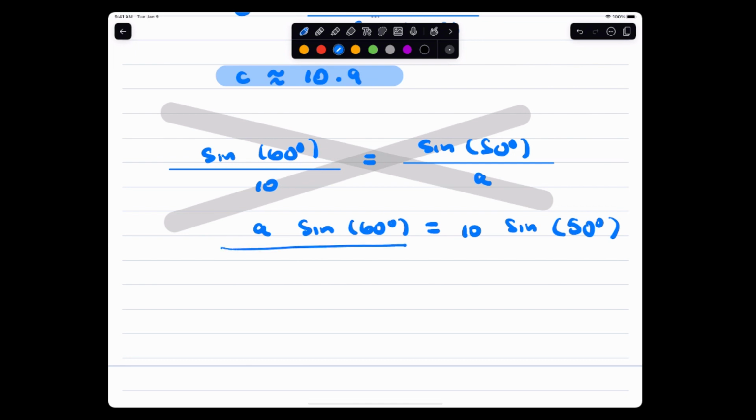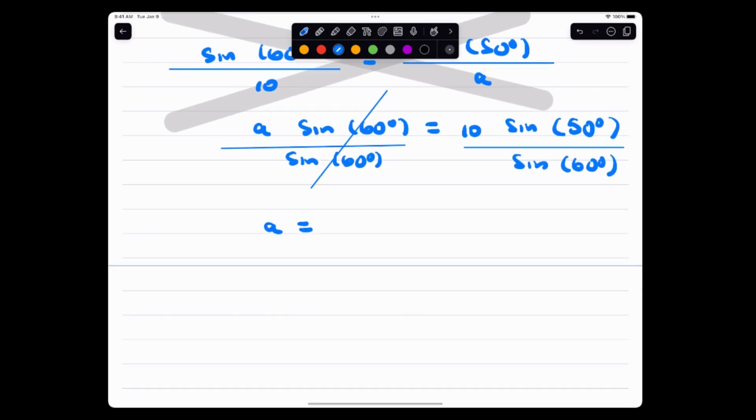So now you're going to divide both sides by sine of 60. Ten sine 50 over sine 60. Right? You guys okay with that?